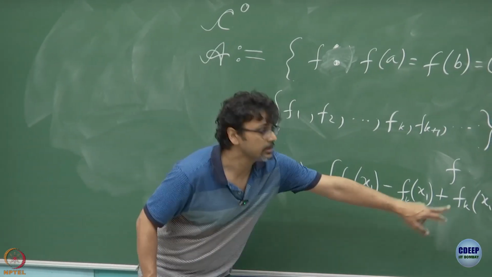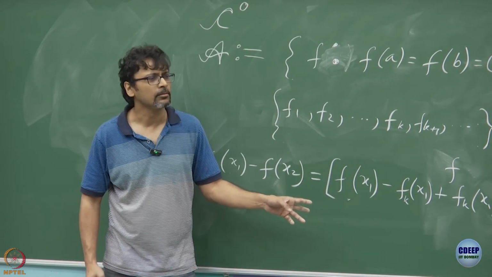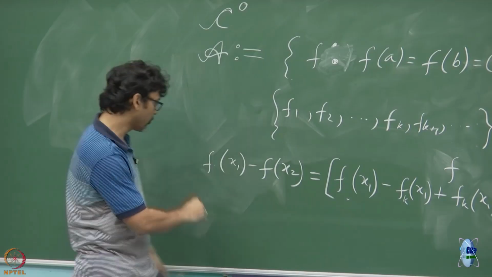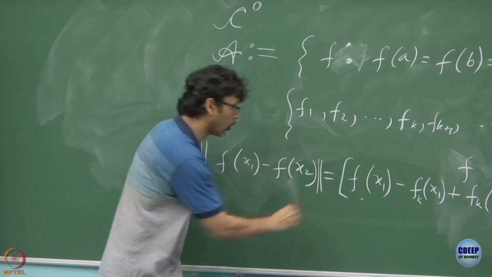So why have I written it like this? Any idea? Does it ring a bell? Here's what I'm going to do. Because that's what we always do, no? We take the norm.